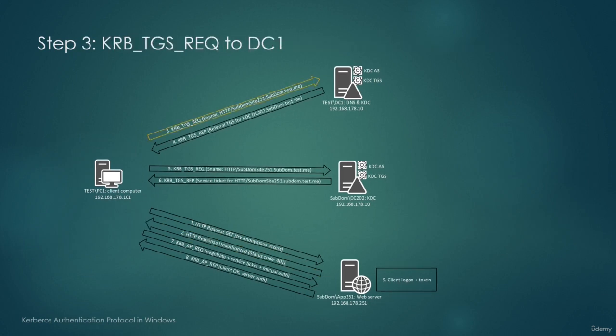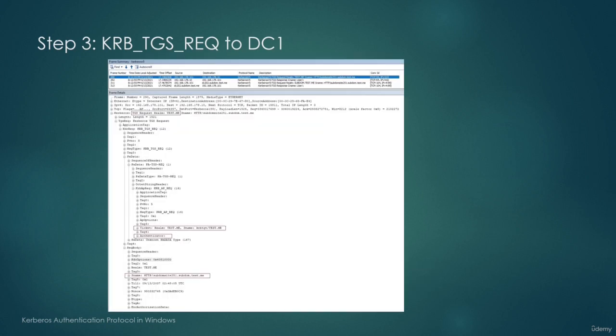The Kerberos client on the user's workstation sends a request for a service ticket to the KDC TGS in the user's account realm, test.me. We can see the request details in Network Monitor.